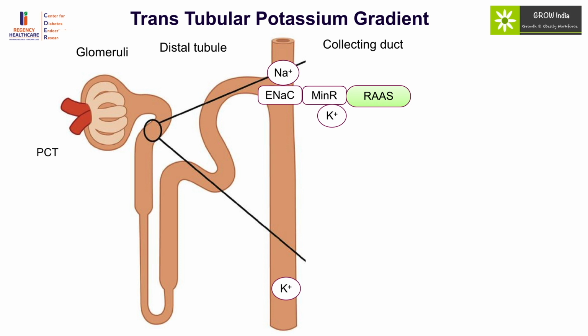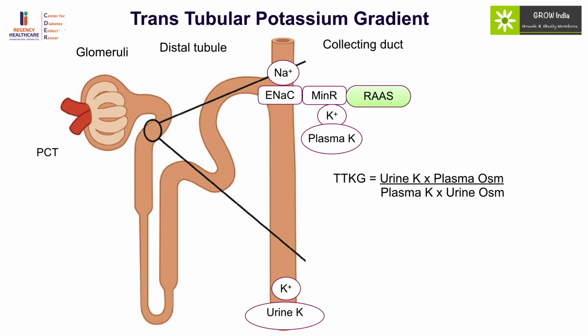So if RAAS is more, one would expect the urinary potassium to be more, while if RAAS is defective, the urinary potassium will be less. This transtubular potassium gradient is a ratio of urinary potassium and plasma potassium, and it is corrected using osmolality measures for both to ensure that there is adequacy as far as the urinary collection is concerned.